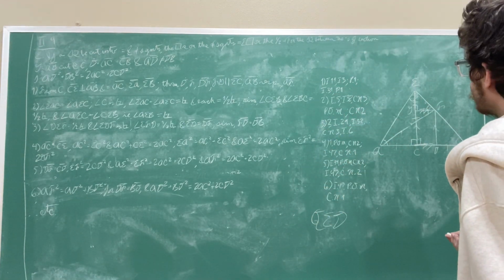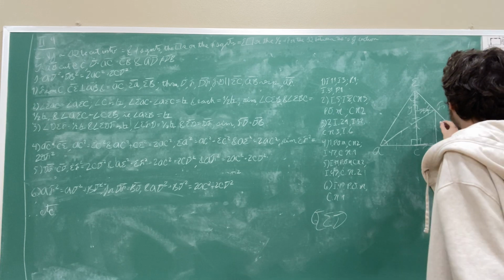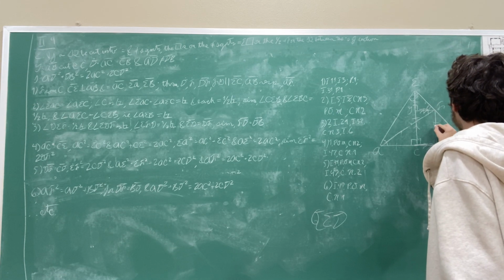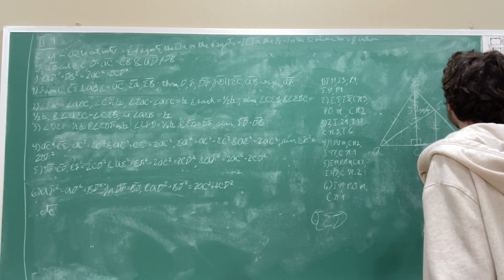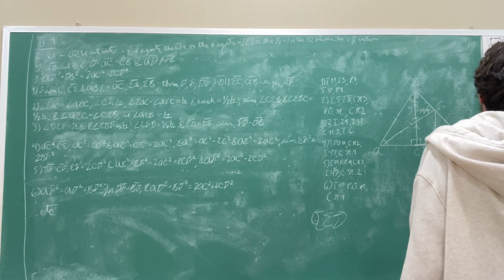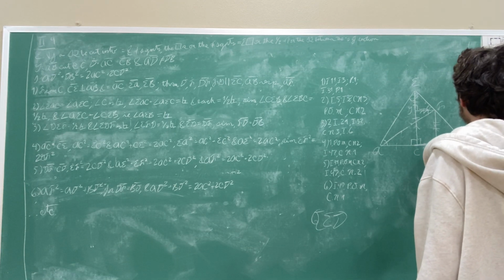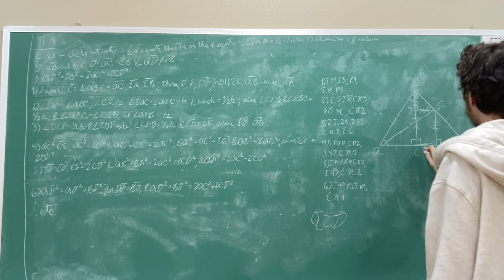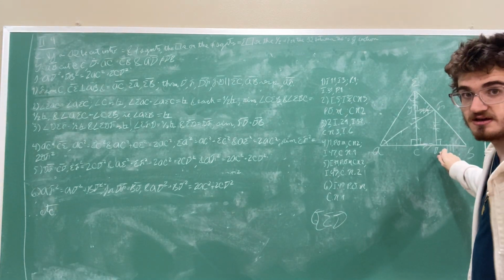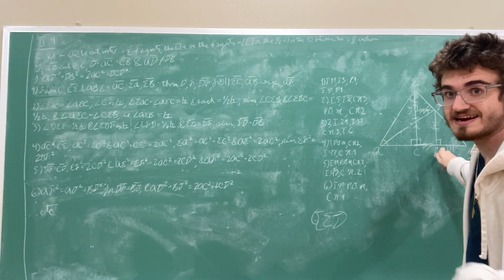Similarly, we can prove that FD, right here, is equal to DB. We can do this by showing that, again by corresponding angles, the angle at D will also be a right angle.